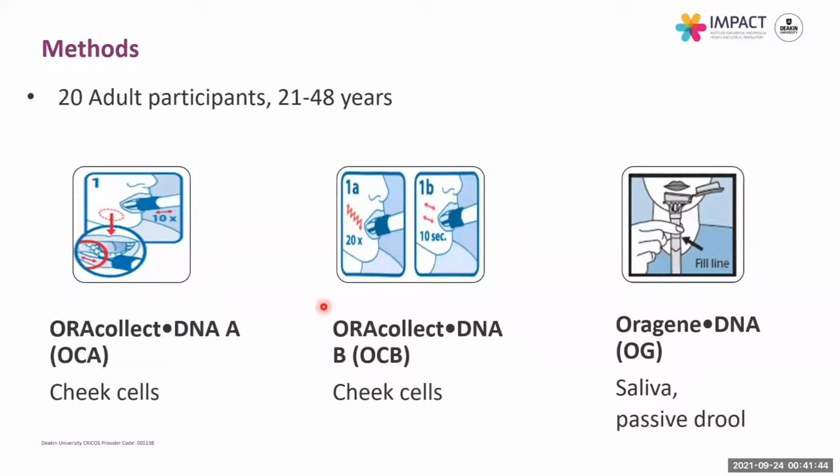While for OraCollect DNA B, the sponge was rubbed up and down against the inside of the cheek 20 times and then rubbed 10 seconds in back and forward motion in the furrow between the upper and lower right teeth and inner cheek on the opposite side of their mouth.